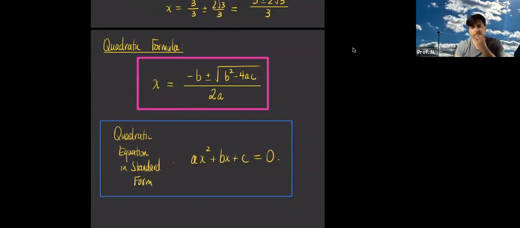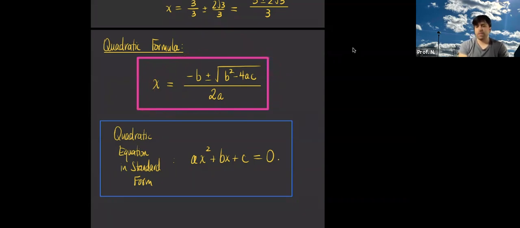But I hope, maybe not, I don't have time to do that today. But I'll say this does not come from out of nowhere. You can actually show how you get this to be true. And the way we get to this is by using the completing square method.